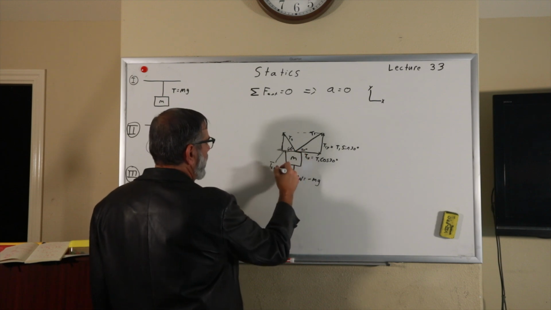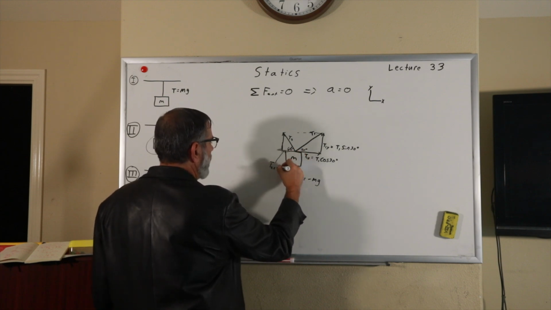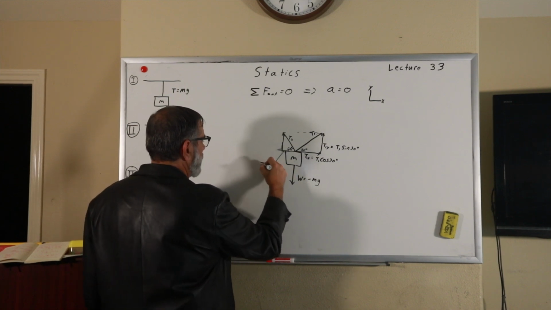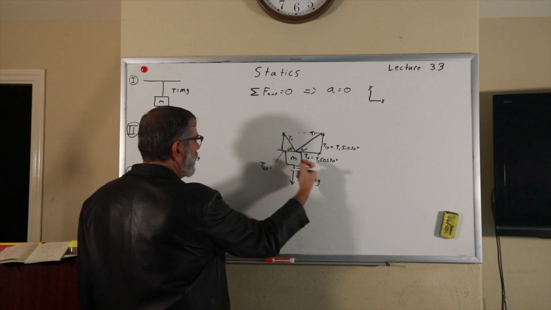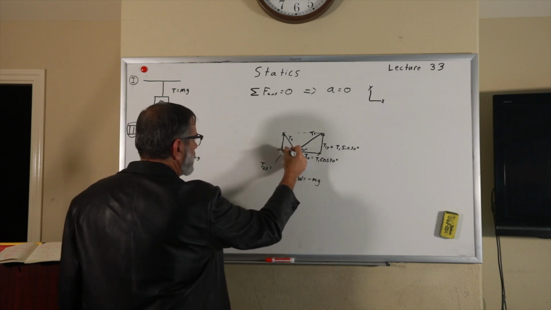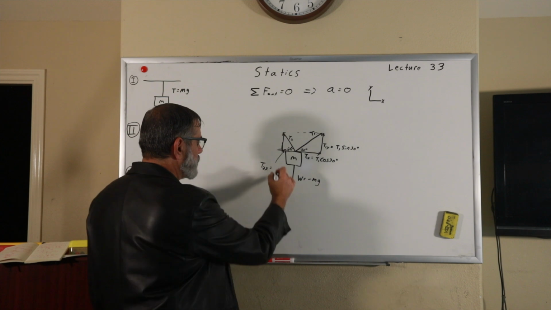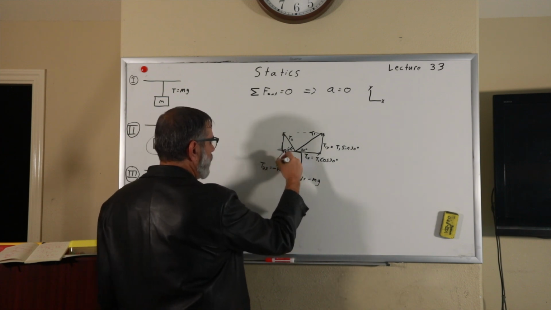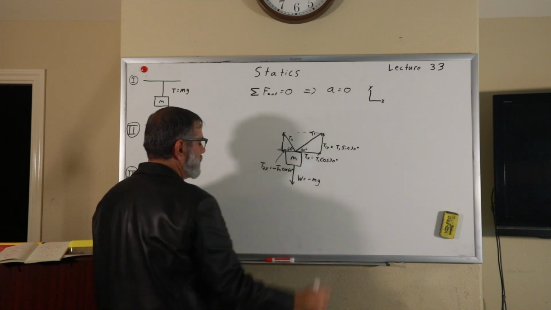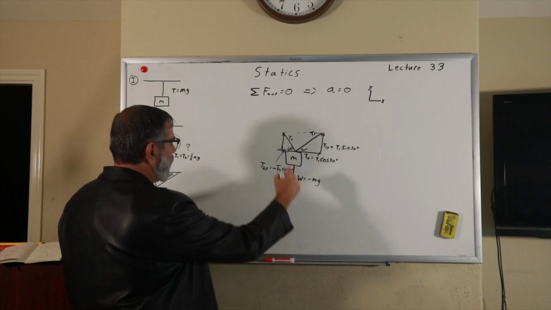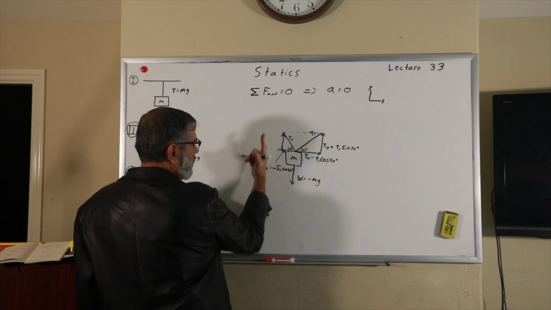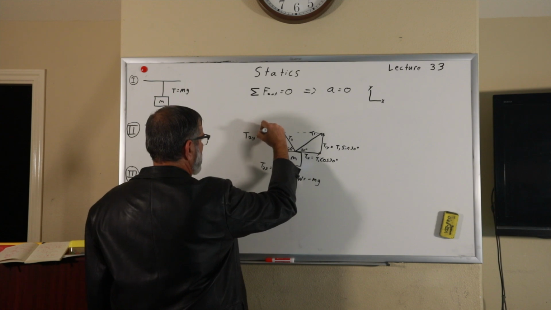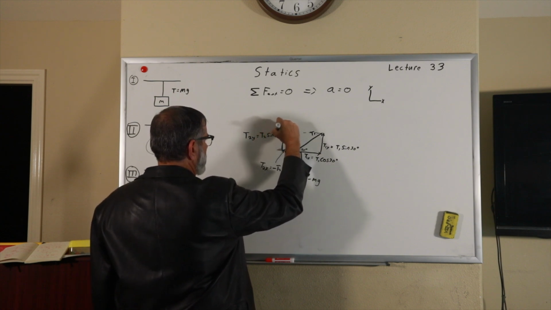And so T2 in the x direction is equal to, this time notice that the force is going in the negative direction, so let's reflect that in the sign by putting negative T2 times the cosine of 60 degrees. The y component, however, is still in the positive direction, so T2y is equal to positive T2 times the sine of 60 degrees.